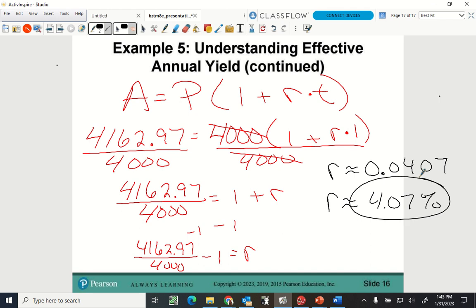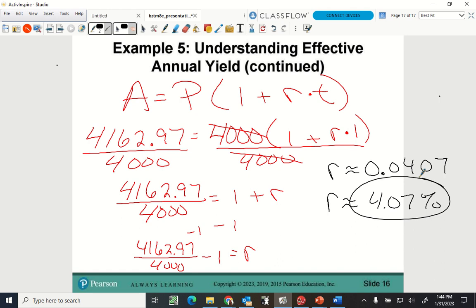So what that means is, if I want my simple interest to be equal to my compound interest, my simple interest has to have an interest rate of 4.07%, when my compound interest was only 4%. So which one is going to give you money faster?